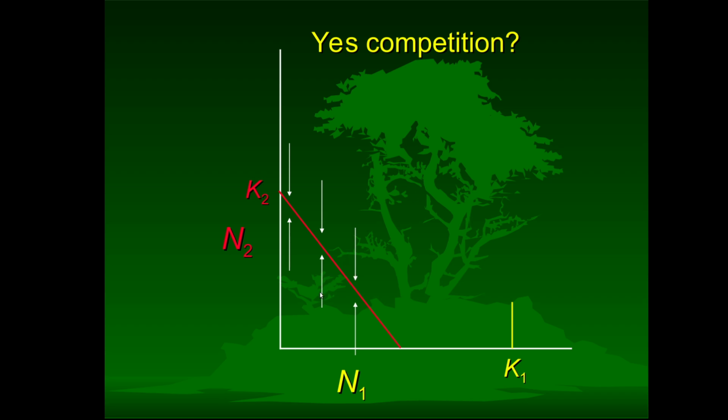And any starting point below the line results in N2 moving upwards until that line is reached. So this line is called the zero growth isocline for species 2. If you're on the line, there is no growth, no change in species 2. It's in equilibrium with its resource. So no increase, no decrease is happening along this line. So it's called a zero growth isocline for species 2.